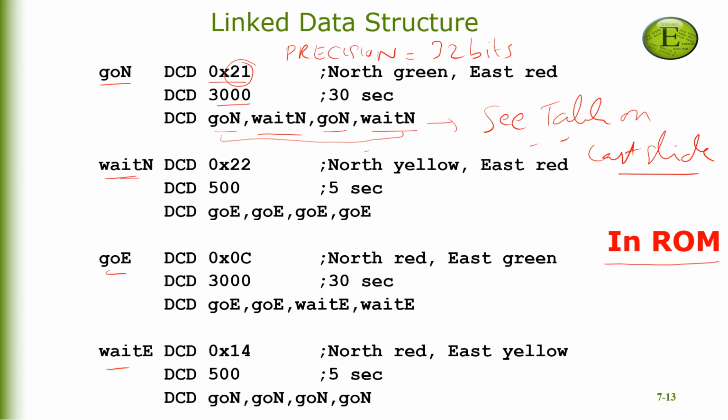The second row of the table corresponds to the wait n state, whose output is hex 22. Delay is 500, corresponding to the 5 seconds. Later on, we shall make more sense of these numbers. Why 3000 corresponds to 30 seconds is the factor of 10 here.